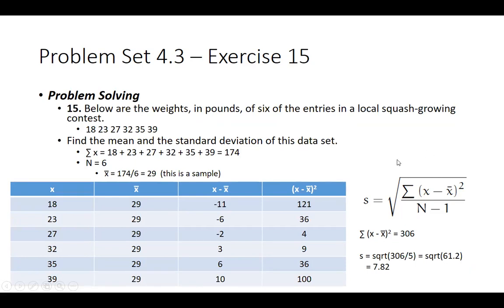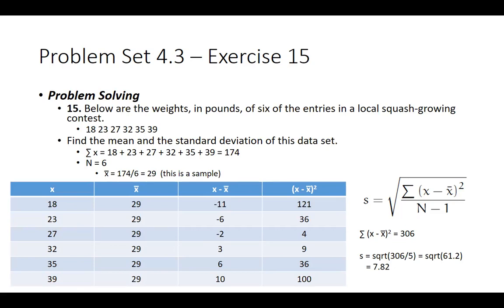Number 15. Below are the weights in pounds of 6 of the entries in a local squash growing contest. And again, since it says that this is just 6 of the entries and not all of the entries, this is a sample. So we're using the same formula that we did in the last one.